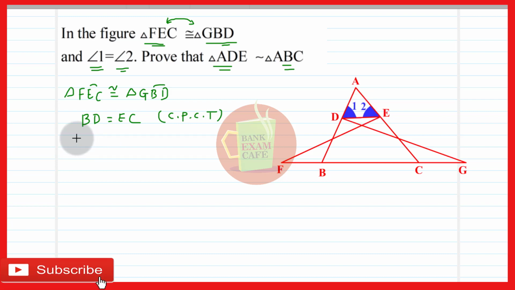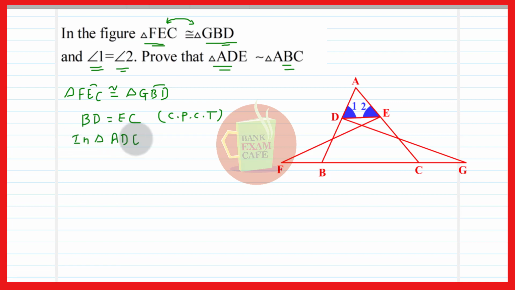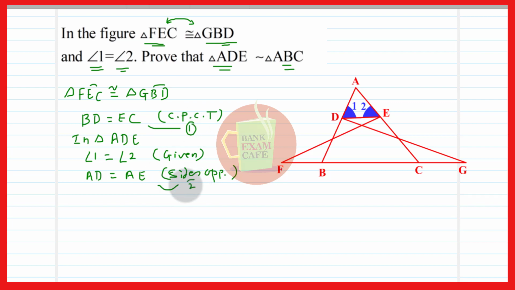So in triangle ADE, angle 1 is equal to angle 2, that is given, therefore AD is equal to AE, because of the sides opposite to equal angles. Let this be number 1 and this be number 2.